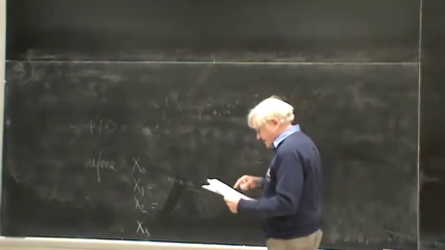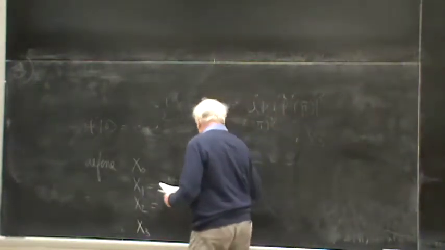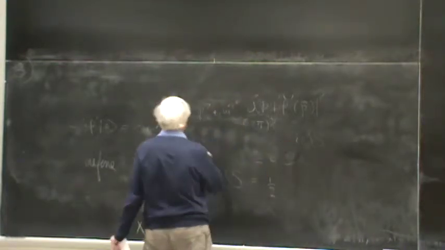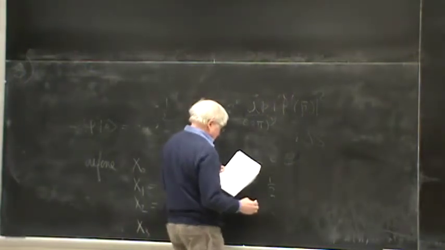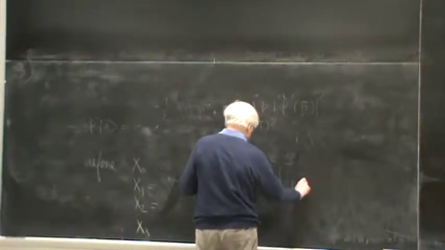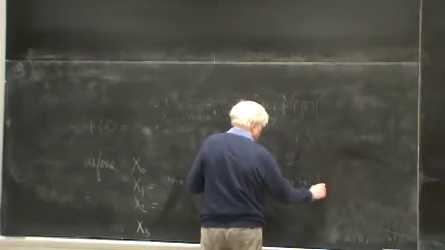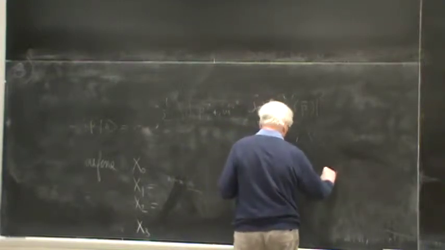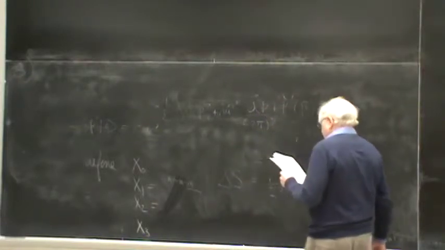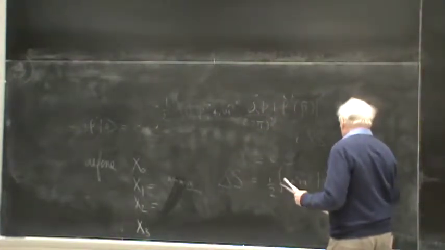So then delta S is i over 2, the i giving the minus sign, and the integral of square root of p squared plus m squared, and then phi prime tilde of p and t.